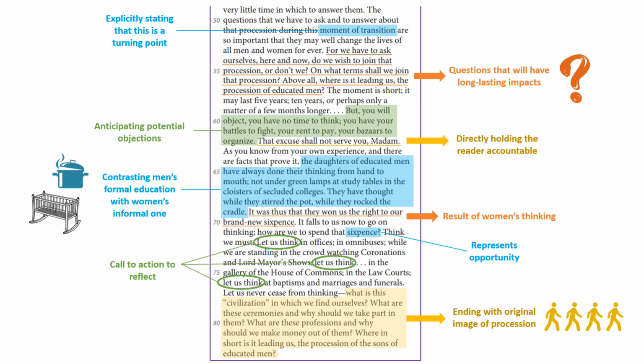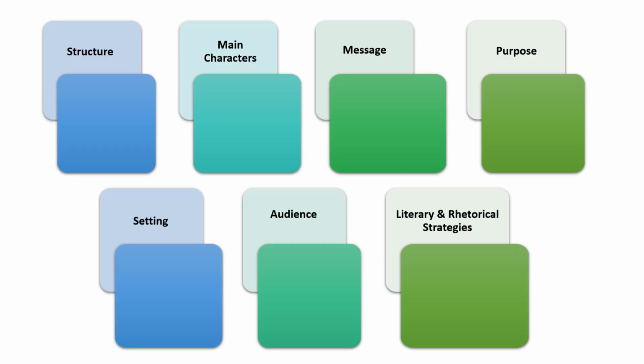Let's sum up some key aspects of this passage. In terms of the structure, we have one short paragraph and another really long paragraph. The first one sets the scene, and the second advocates for women's inclusion in the professional workforce.